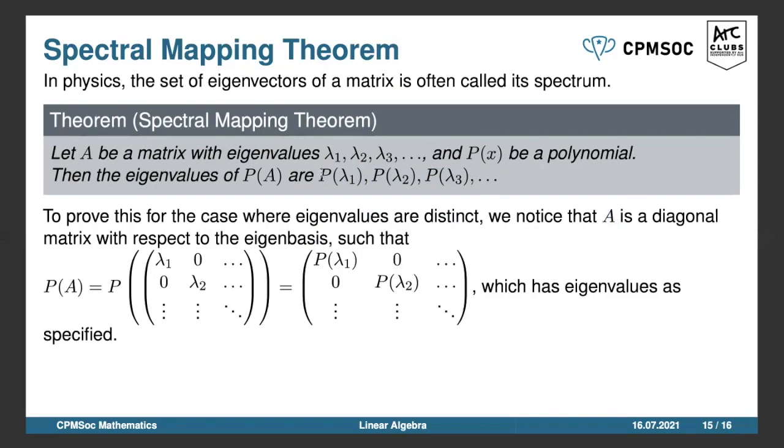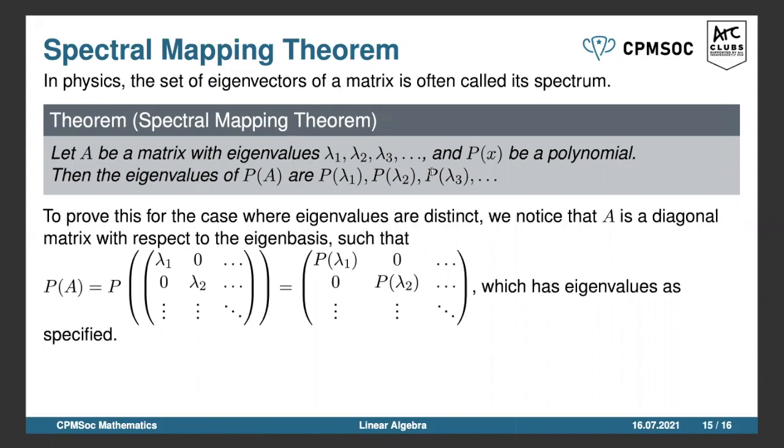And then if we apply a polynomial to the matrix as a whole, because we have this nice diagonal form, all the higher powers of a diagonal matrix are just higher powers of the elements. So this matrix squared would just be lambda 1 squared here, lambda 2 squared here, and so on, because it's diagonal. And any linear combination of these is certainly going to distribute into the entries in the matrix. So really, this polynomial is just going to come inside and get applied to each of the entries. And these entries along the diagonal of the matrix are certainly going to be the eigenvalues of the matrix.